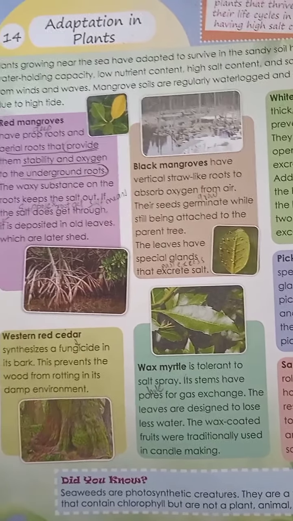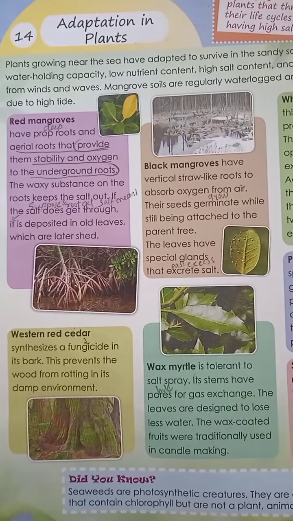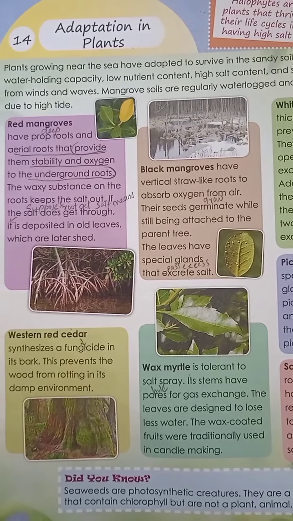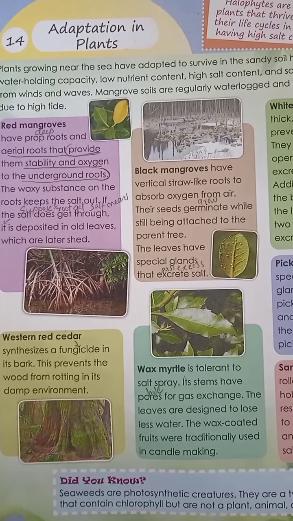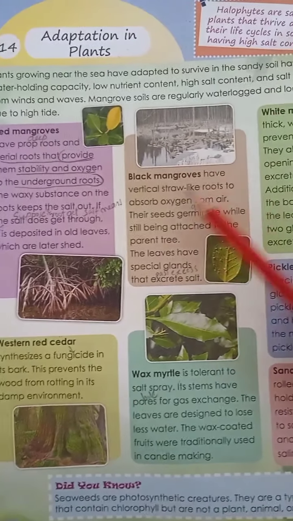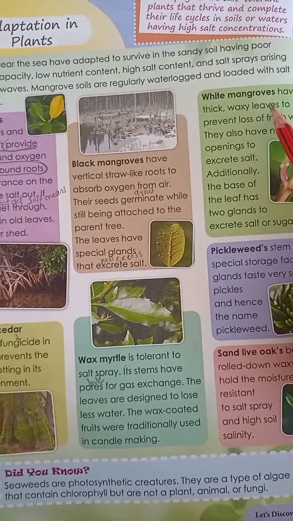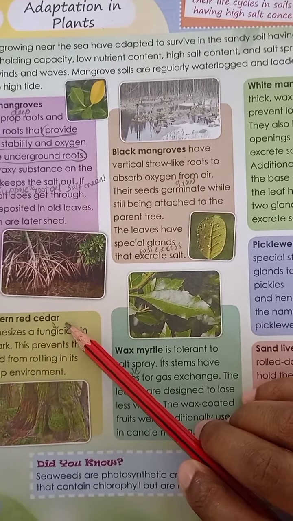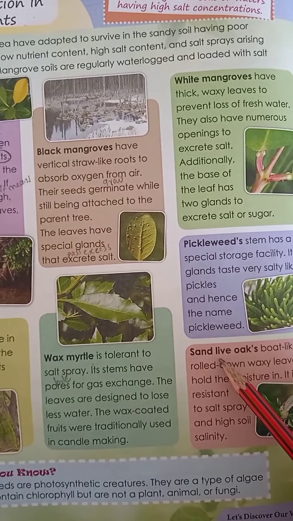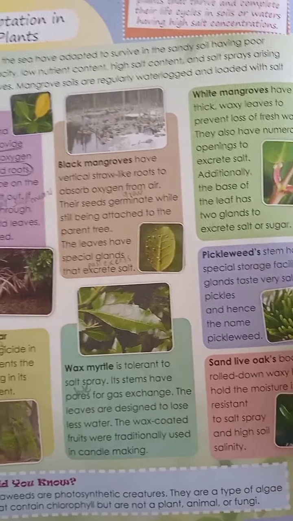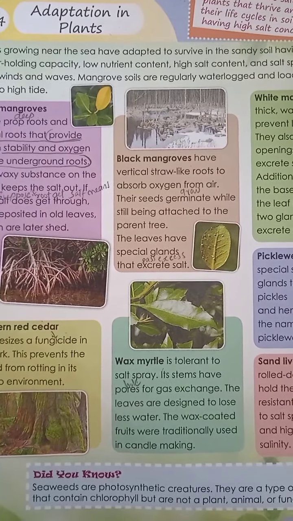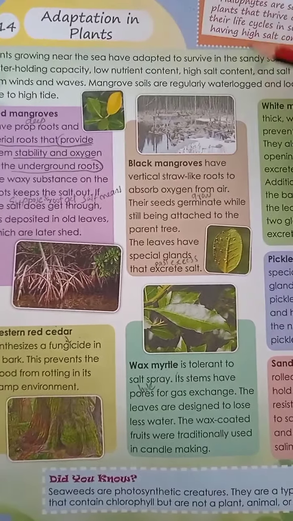In this lesson, we are going to study some plants, especially plants growing in water, saline water: red mangroves, black mangroves, white mangroves, western red cedar, wax myrtle, pickleweed, sand leaf oak.